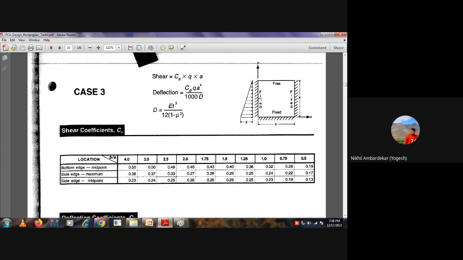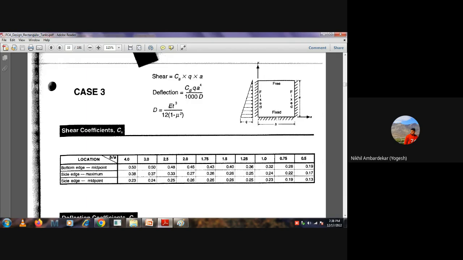For the sides, I can find the maximum value, the value at the midpoint, and at the base.